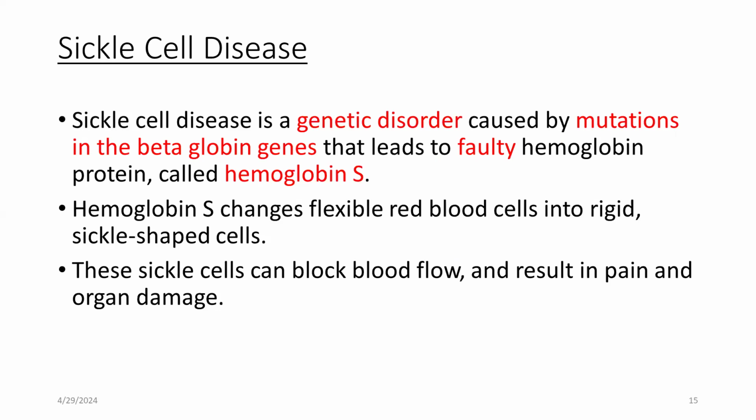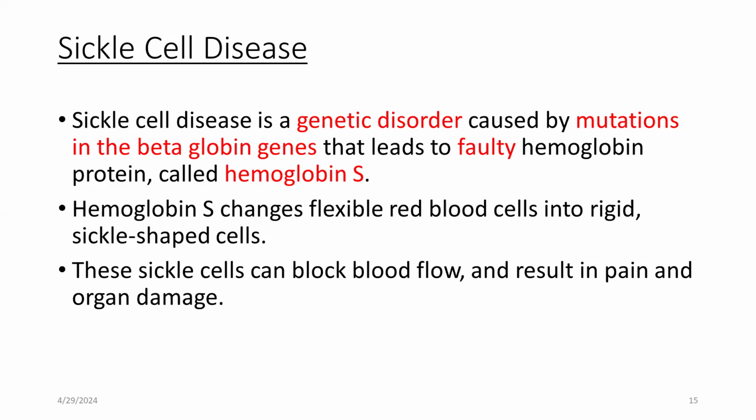Sickle cell disease is a genetic disorder caused by mutations in the beta globin gene that lead to a faulty hemoglobin protein called hemoglobin S. So that's easy: sickle cell disease, and you can always memorize it with hemoglobin S. Hemoglobin S changes flexible red blood cells into rigid sickle cell shapes.